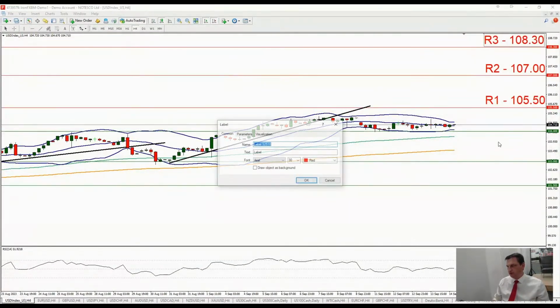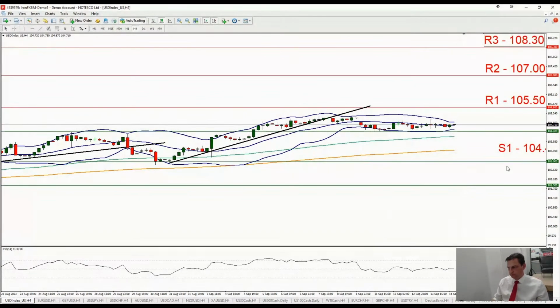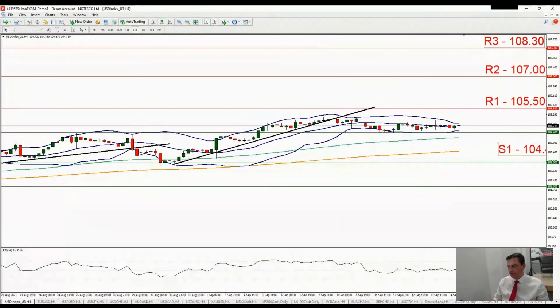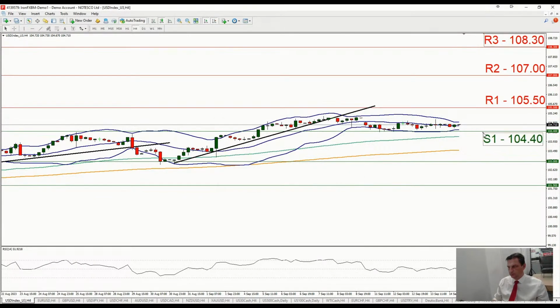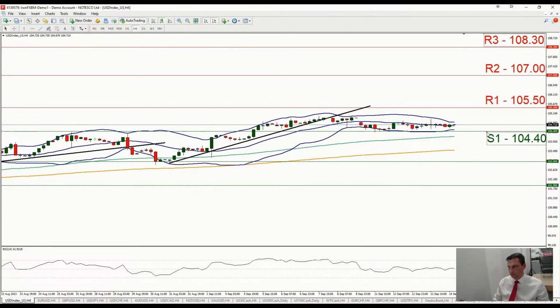The S1 at 104.40. Definitely that should be in the greens. The S2 at 103.